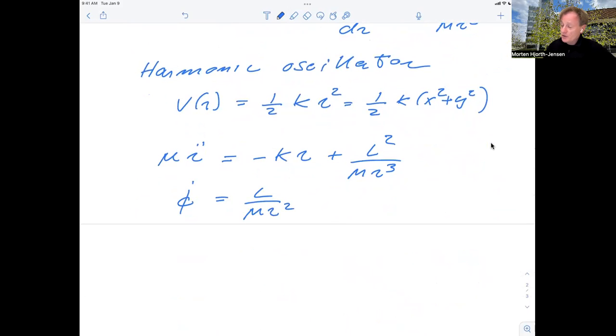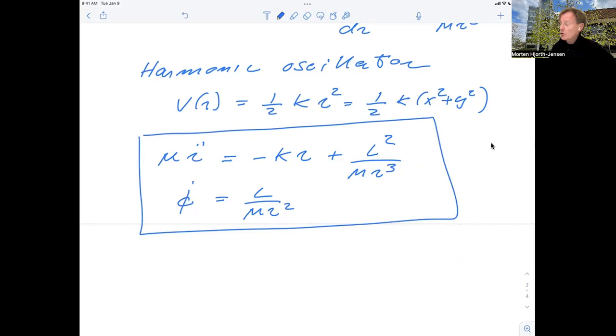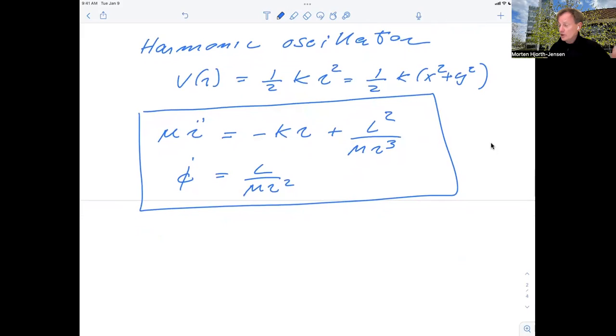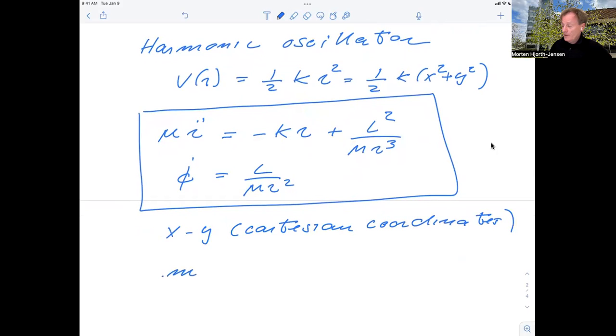Now, if you look at the equations in polar coordinates and you want to make a comparison with the corresponding equations in Cartesian coordinates, so if we go back to what we discussed in connection with harmonic oscillations, if we just stayed in x and y, dealing with Cartesian coordinates, then we would have the differential equations in terms of m or mu, the relative mass, but let's just simply write this as m.